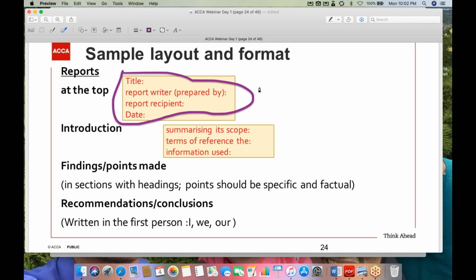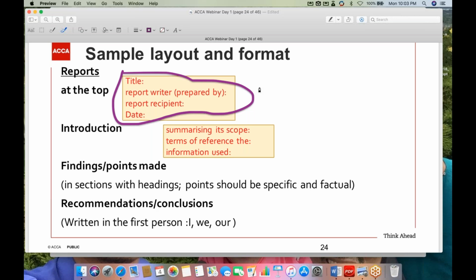And then the report recipient, that's your audience, who's supposed to be receiving these reports. Is it the board of directors, or whoever your superior is? So that's where the report recipient is, and then the date.